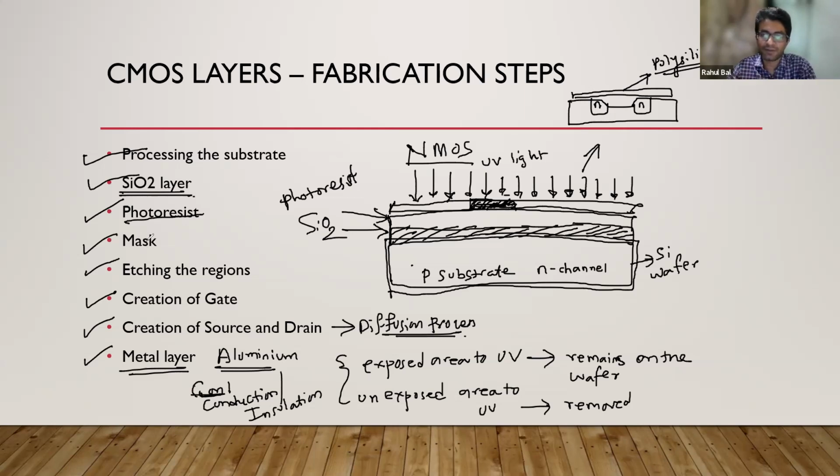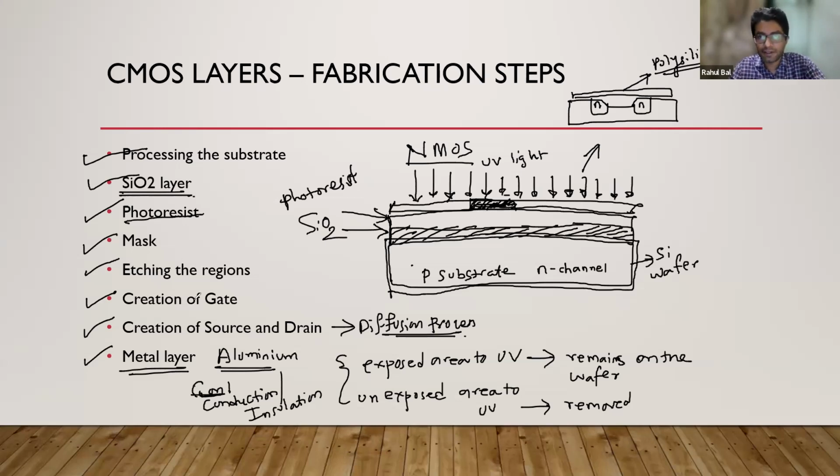The unexposed part will get removed, and the part which is exposed to UV light will remain on the wafer. Then etching the regions. Once this masking is done, there should be some cleaning, so your design should look perfect. It should have some scalability also, which can be checked and modified using the etching process.